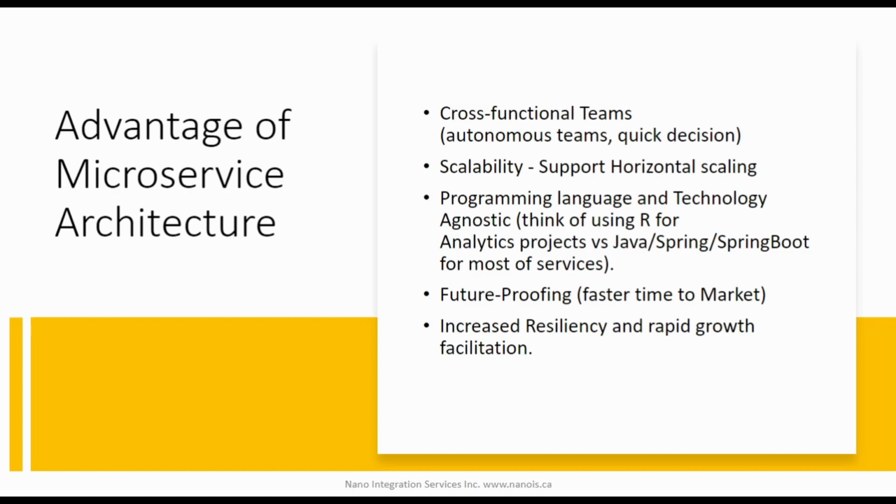Which we already discussed in the horizontal scaling, that they can increase their services to support a larger number of online clients. So the application resilience is there, and it supports the rapid growth as well. So these are a few of the many advantages which microservice architecture will bring to your applications.